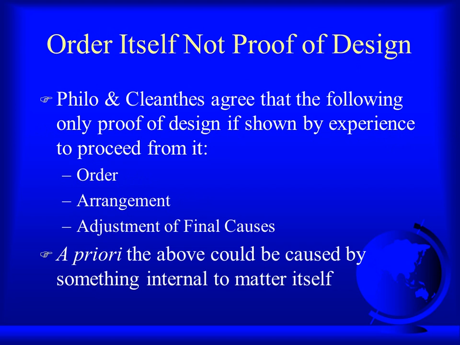And also, he tries to say that even if you have order, you don't necessarily have conscious design. Philo and Cleanthes agree that the following is only proof of design as shown by experience to proceed from it: order, arrangement, adjustment to final causes, meaning that it has parts that work toward a purpose or an end.